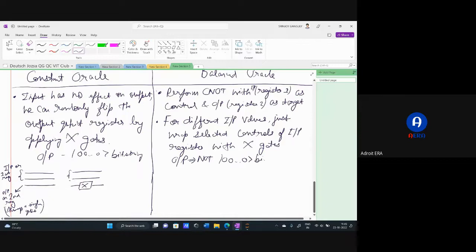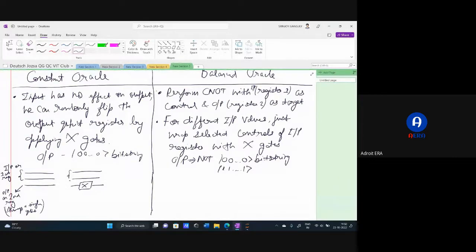As you will see, it will be an all-1 bit string, very similar to what you have seen in the Deutsch algorithm: 1 for balanced, 0 for constant. Same thing, only that you have multiple qubits. So don't get scared.